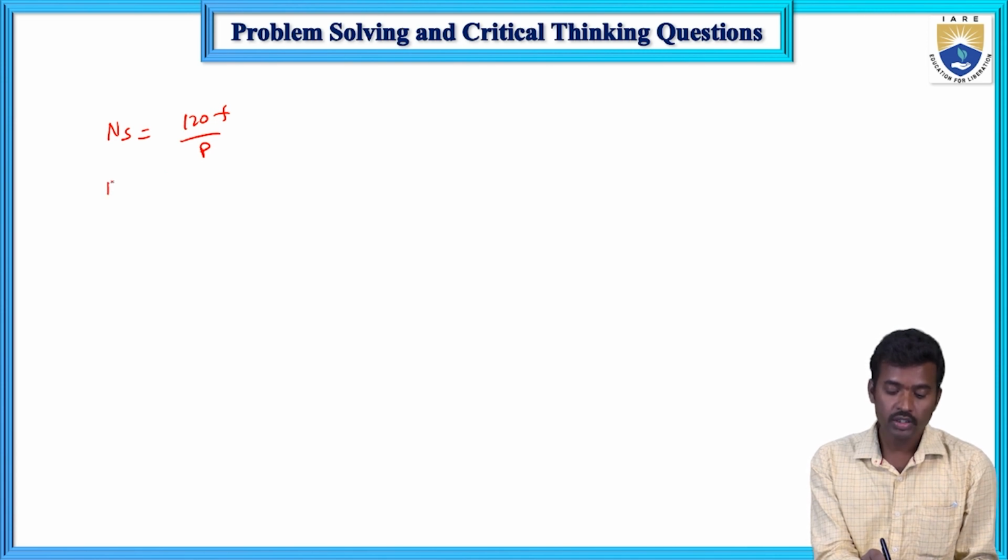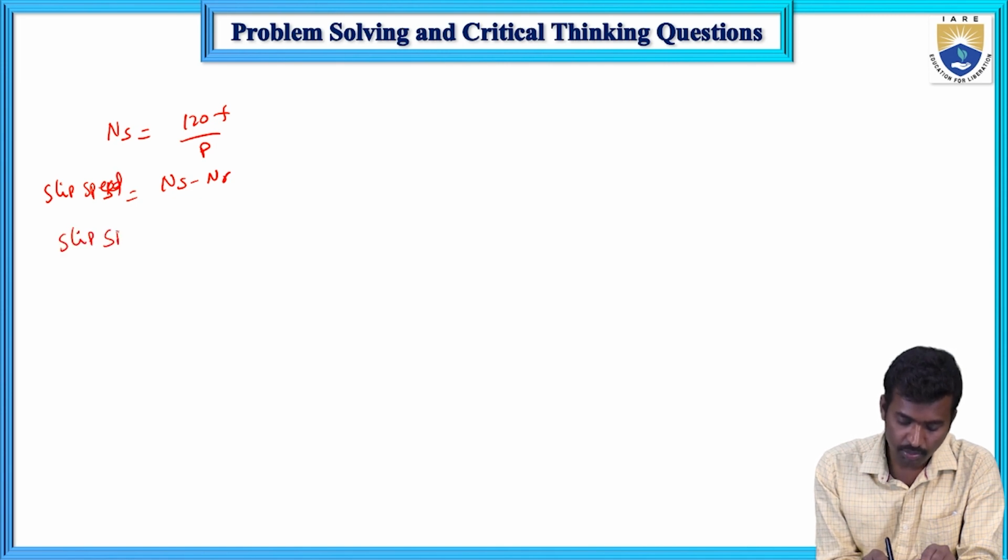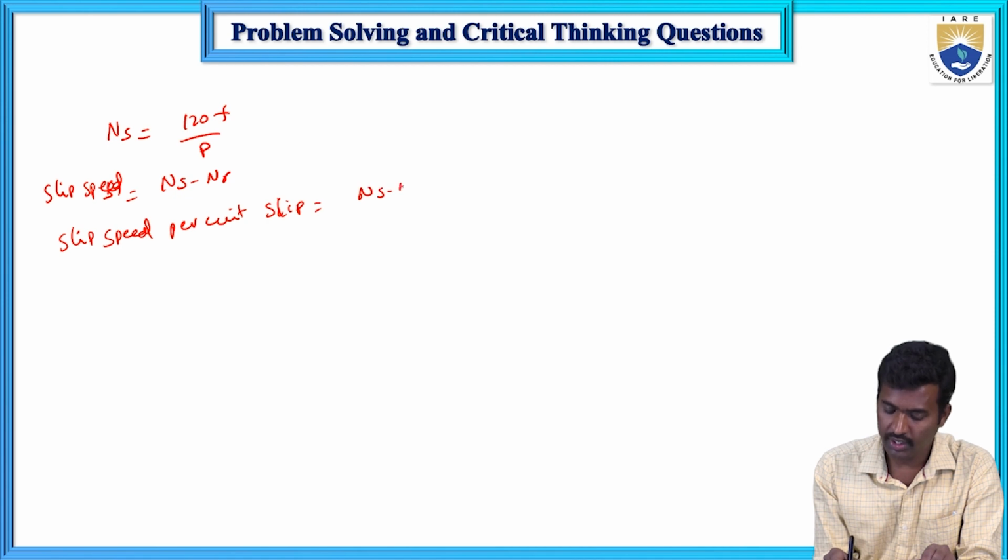Next, slip speed equals NS minus NR, and per unit slip is NS minus NR divided by NS.